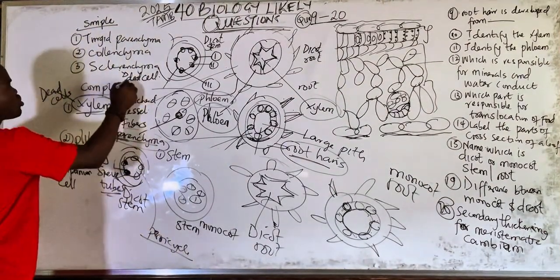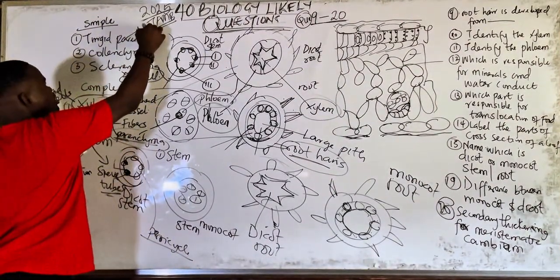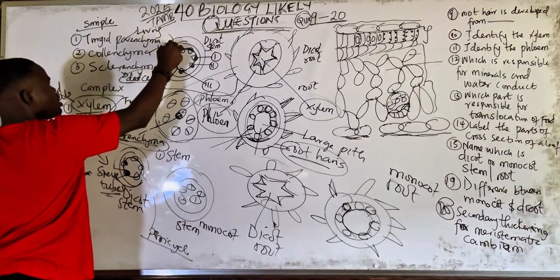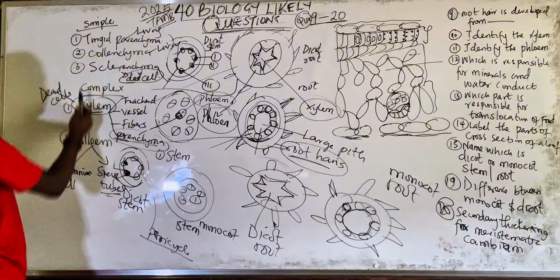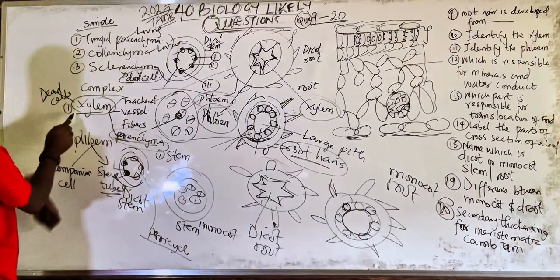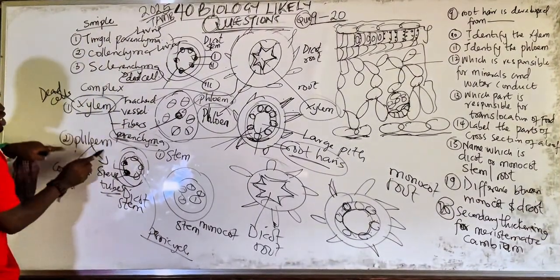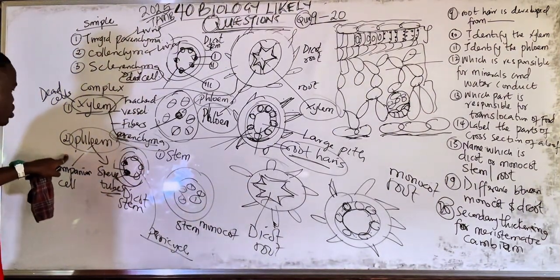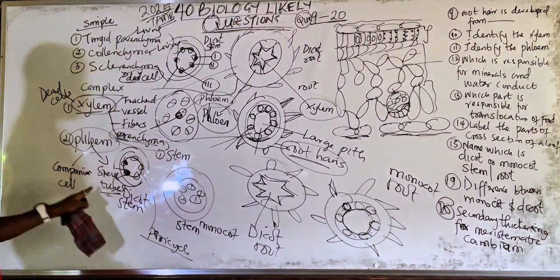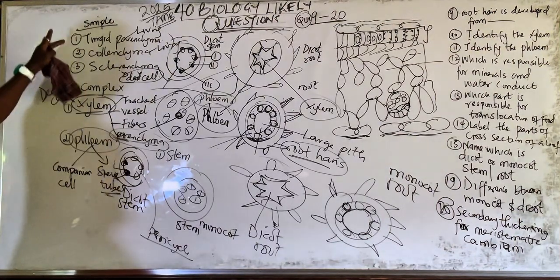You understand? So take note of that. This is living, this is also living. So these are the major 1, 2, 3, 4, 5, the major supporting tissues. But the phloem does not really go into support. It just helps in conduction, because it has sieve tubes and companion cells.